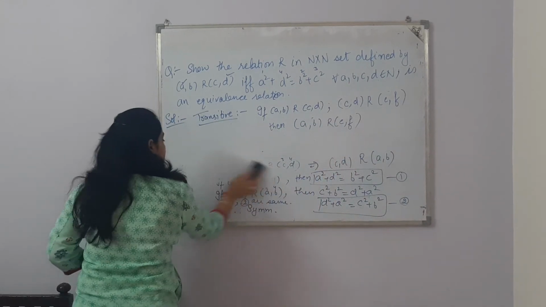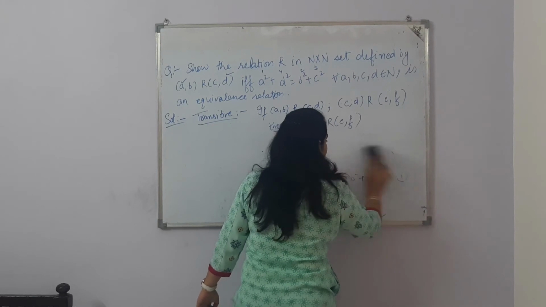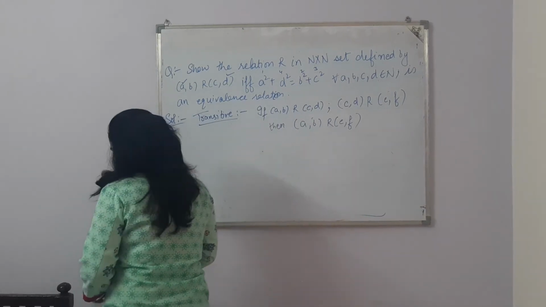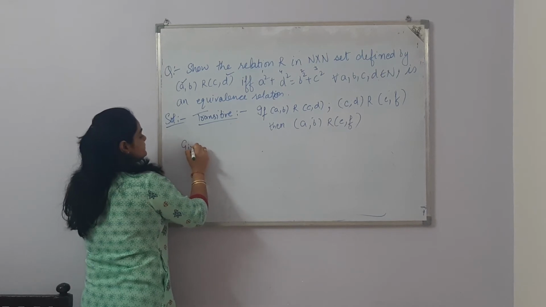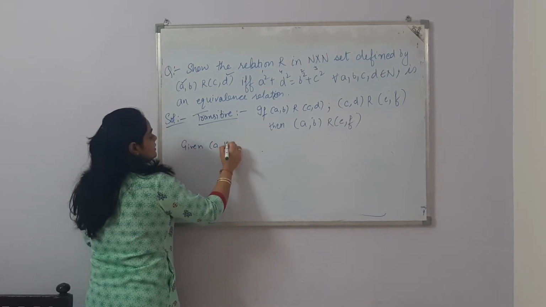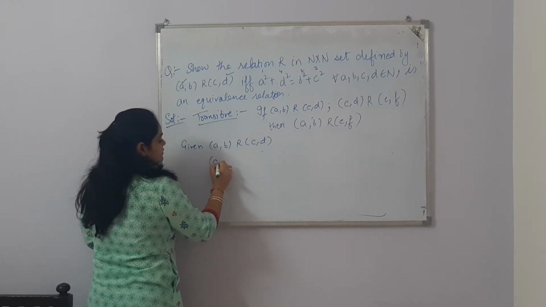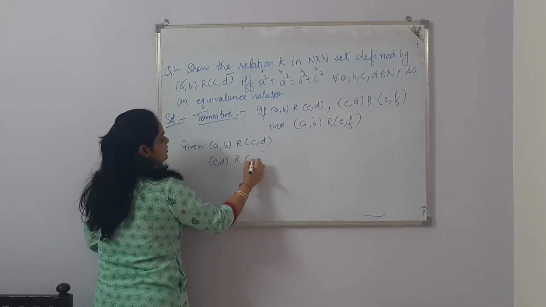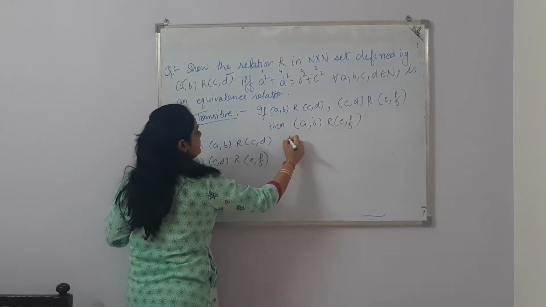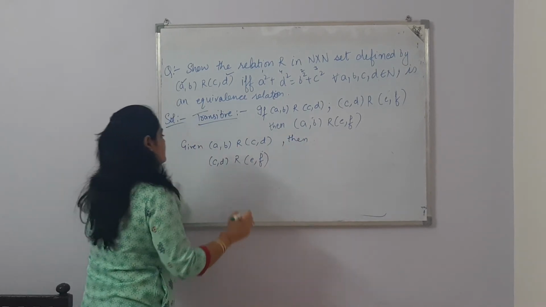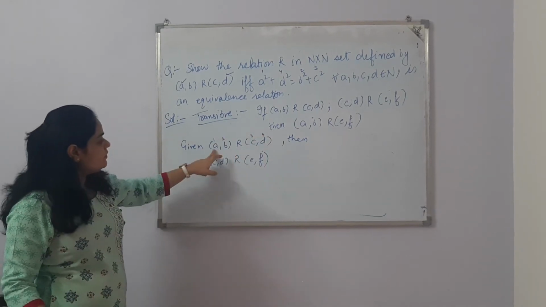Now let's check. This is the given condition: AB is related to CD. It is also given that CD is related to EF. This is a given condition. It means 1, 2, 3, 4. 1 is related with 4.